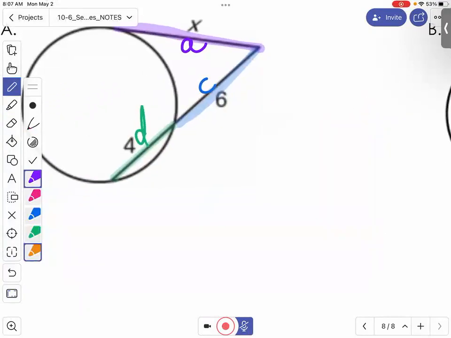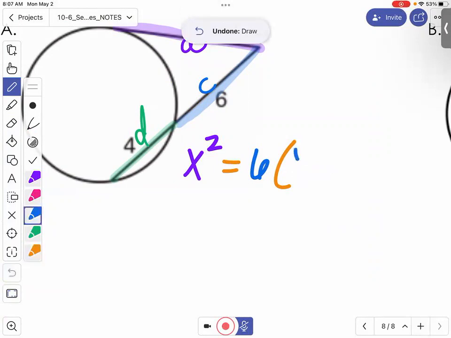All right, so the formula says, take your A and square it. So X squared should equal, now we do the other side, C, which is 6, times C plus D. So 6 plus 4.